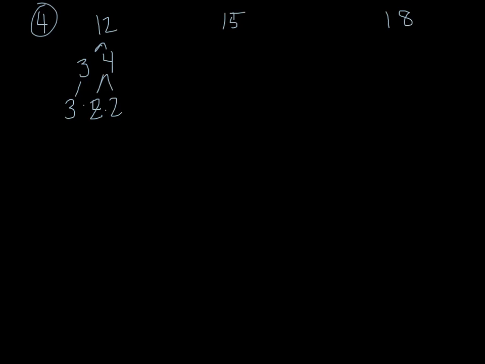So I've got 3 times 2 times 2. Now for 15, this one's pretty easy. I've got a 3 times 5. Okay, and for 18, let's do 3 times 6. And I bring down my 3, my 6 is 2 times 3. Okay, so now I have all my prime factorization done.